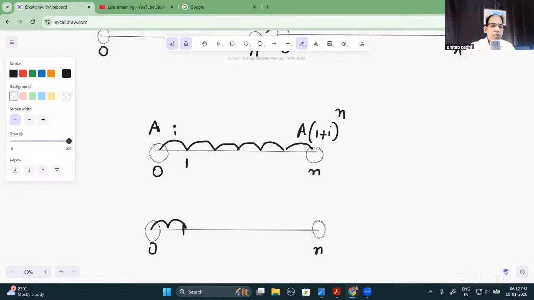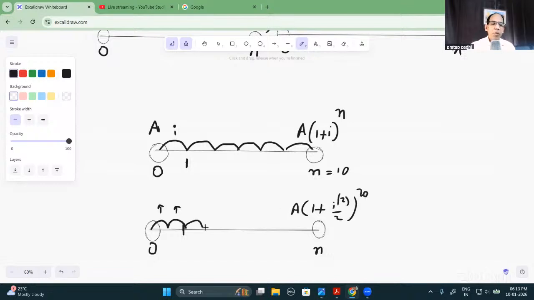But if you compound every half year, suppose for example n is 10 here, here 20 times you are compounding. Although n is 10, you have A multiplied by (1 plus i2 divided by 2) power 20 that way.